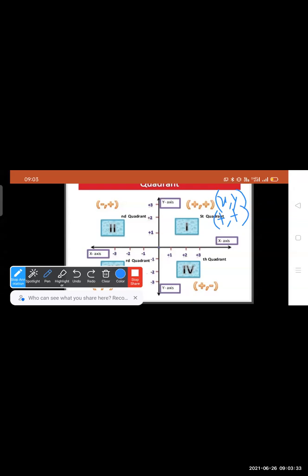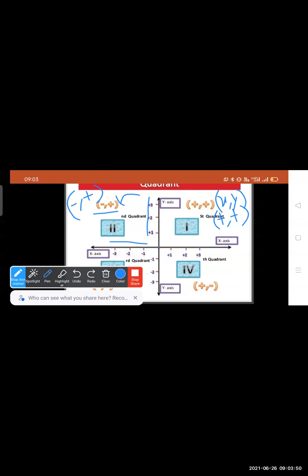When we move to the second quadrant, x values are negative and y values are positive. So we write minus comma plus. In a coordinate, we write the x value first, then the y point.